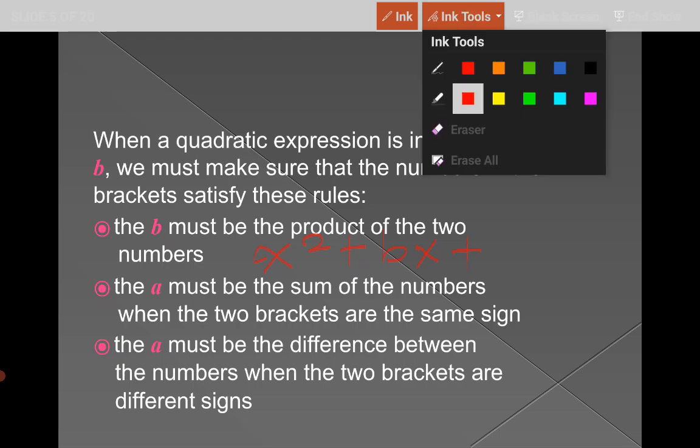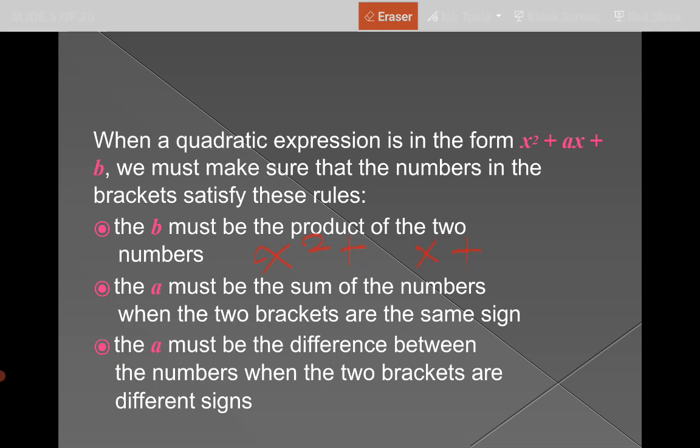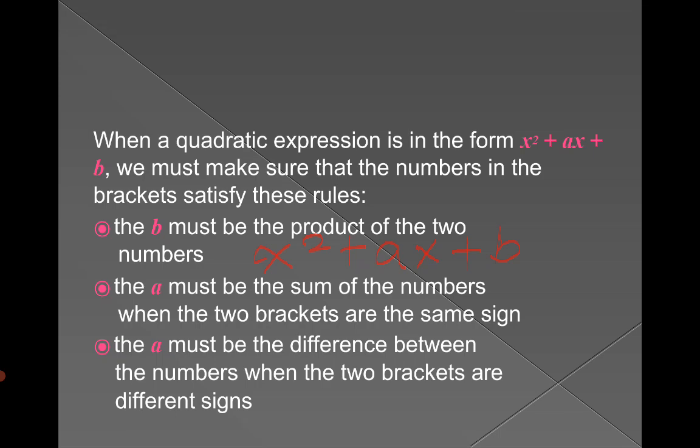Suppose we have a case like that. So the following rules must apply. The b, which is this one here, must be the product of the two numbers. Don't worry, we are going to look at an example to illustrate this. So the b must be the product of two numbers.